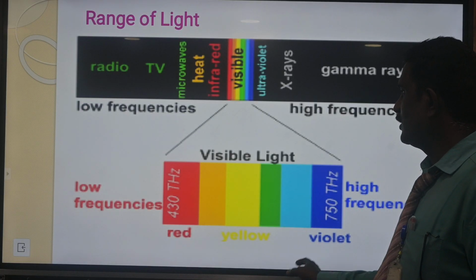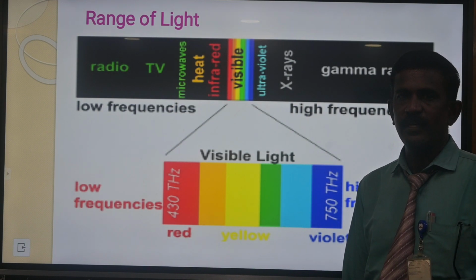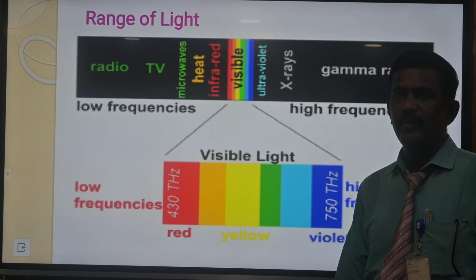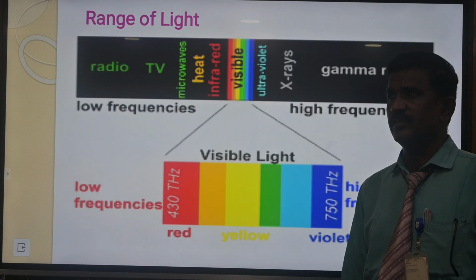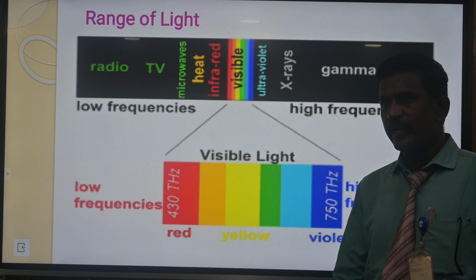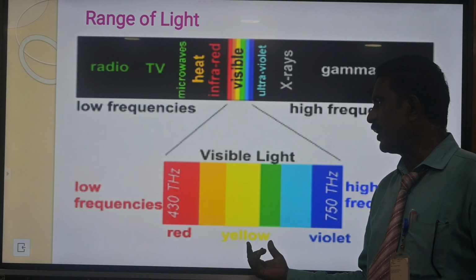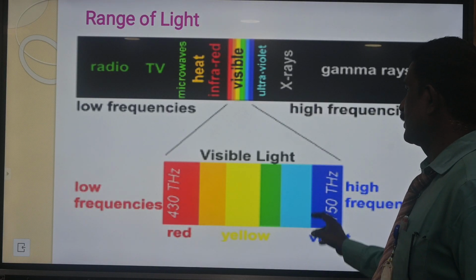Mostly this visible region and ultraviolet region are responsible for chemical reactions, because these regions can make electron transfer or electron transition. They can promote an electron from a lower energy level to a higher energy level, or we can say this light energy can activate the molecules.